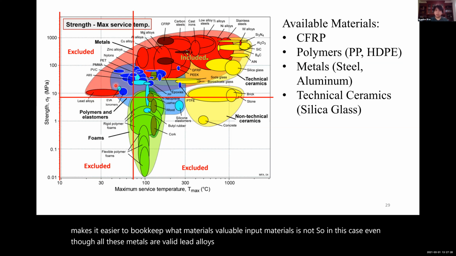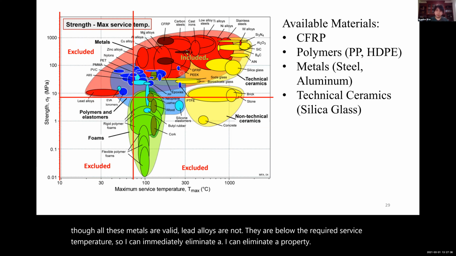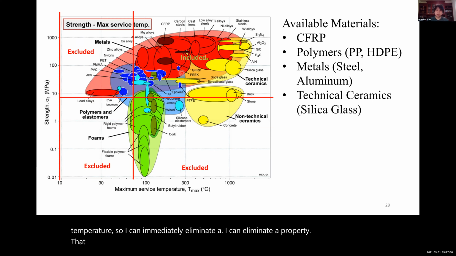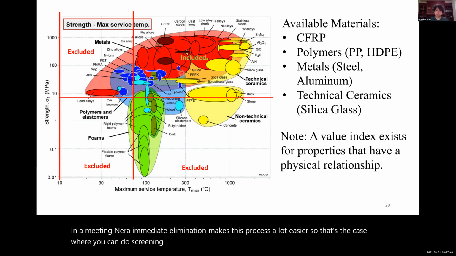They are below the required surface temperature, so I can immediately eliminate a property that doesn't fit my needs. An immediate elimination makes this process a lot easier. So that's a case where you can do screening first to make things a lot more streamlined for you.